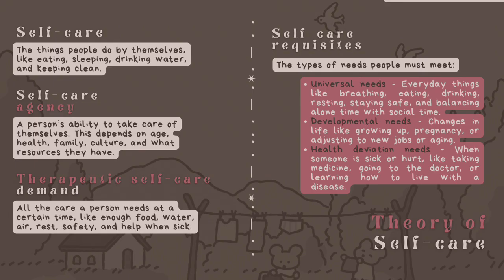Mostly sa health division needs, gamit ito when it comes to physical sickness. Example ngayon, a diabetic patient takes insulin injection regularly to manage blood sugar, diba? In order to maintain the patient's regular number of blood sugar, nagtitake siya ng insulin injections, diba? That is need niya for his or her health.